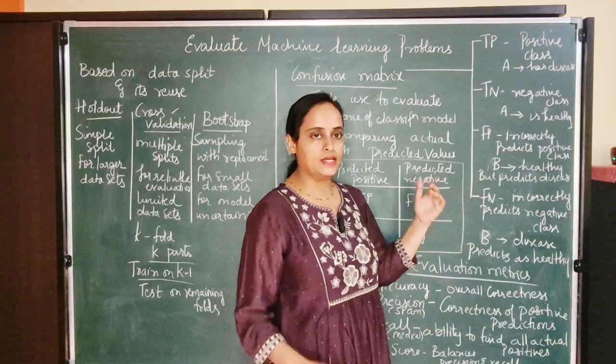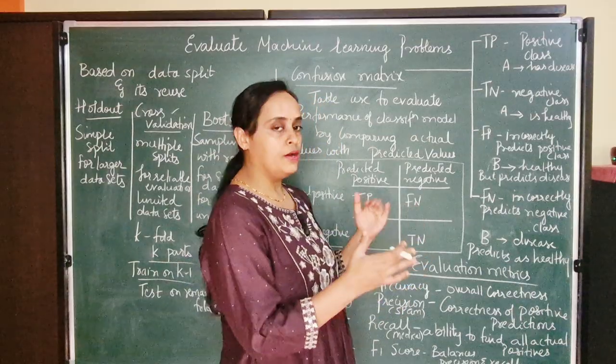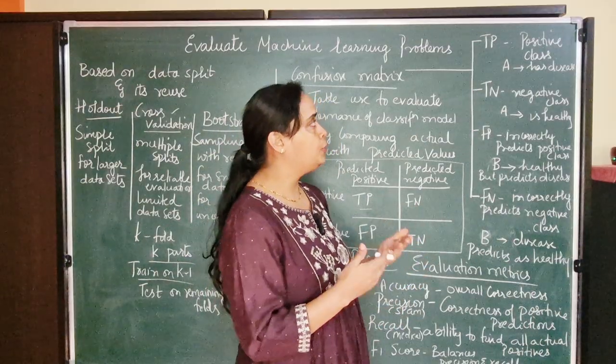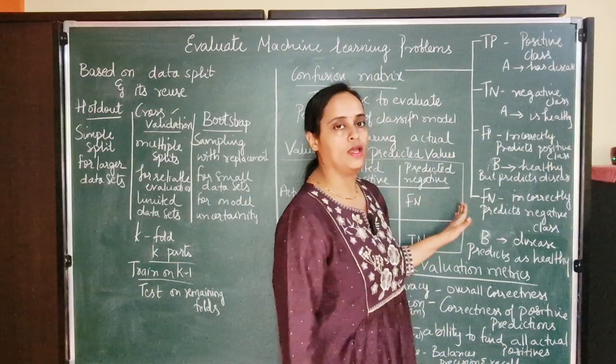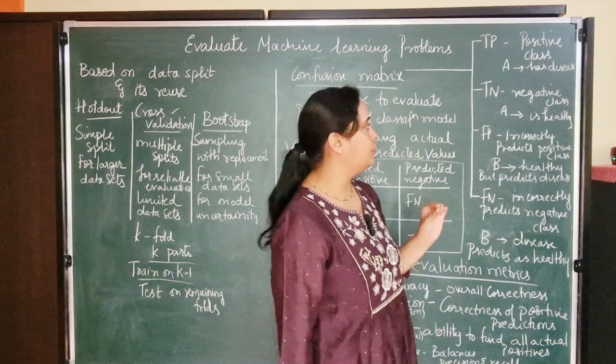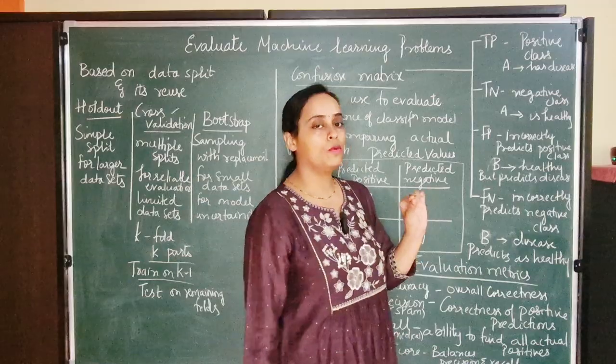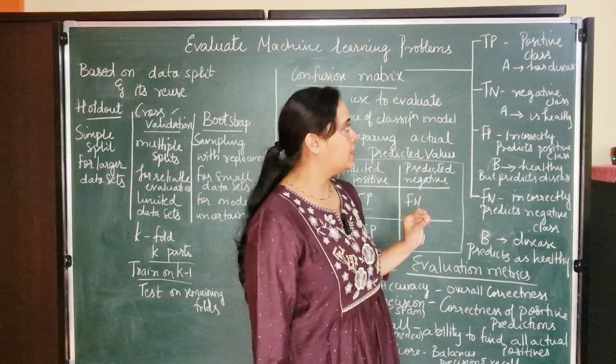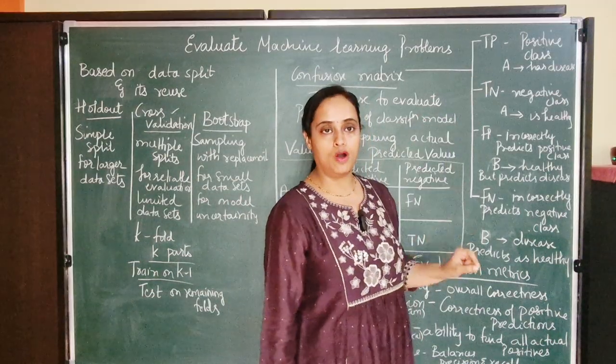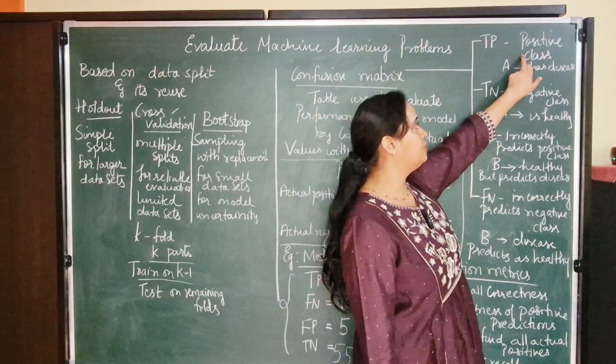Now let's take an example. There is a report where we need to predict following these values. One by one I'll explain. TP, true positive: in the case of true positive, the model will predict the positive class.